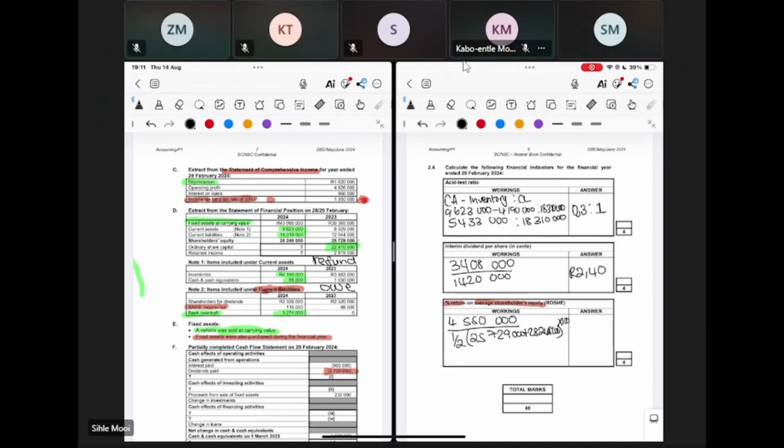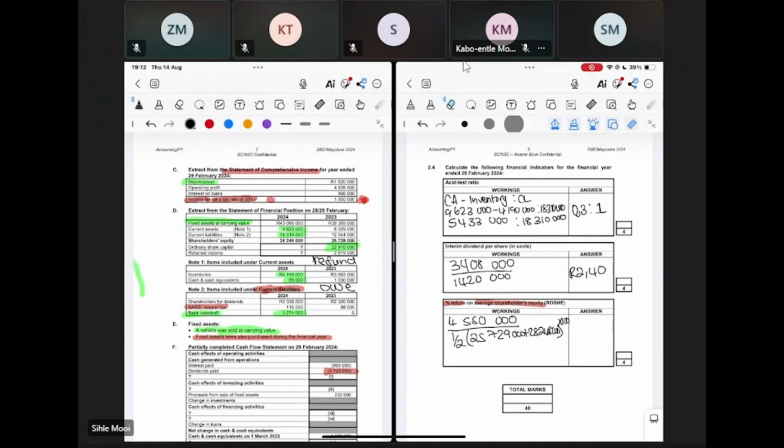So at the top you have 4,550,000. At the bottom you have a half, and then open your brackets, 25,729,000 plus 28,248,000. Then you multiply the whole fraction by 100.